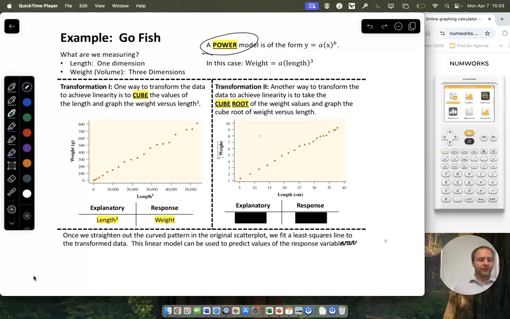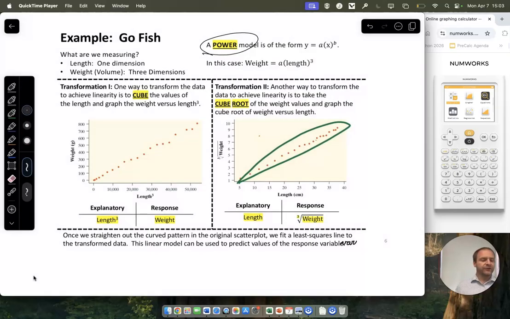By cube rooting the weight, that's going to allow me to keep my length the exact same. So that's another way I could transform the data. And again, take a look at that. You look at that transformation, this is not that bad. It allows us to see, well, that's almost linear. It's got a linear relationship to it now, approximately linear relationship. Which one's the best one to do?